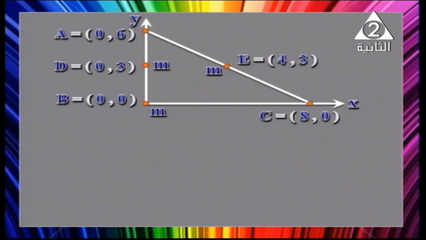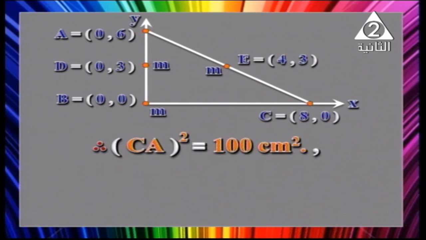My dear student, look at midpoint D. D is midpoint of AB, also of B and A. How to find the point D? Sum of x1 plus x2 over 2, y1 plus y2 over 2.